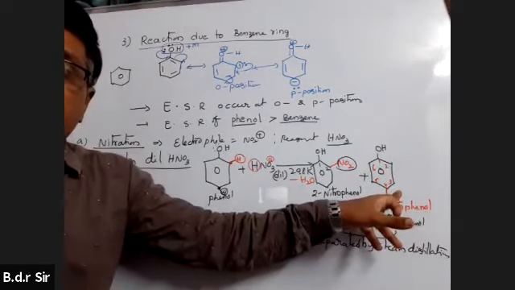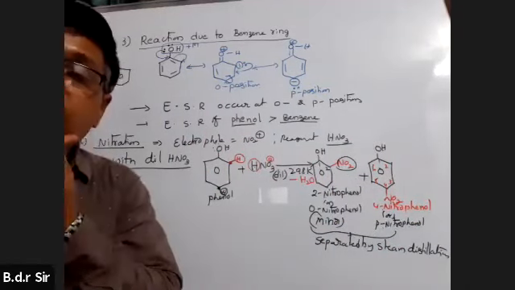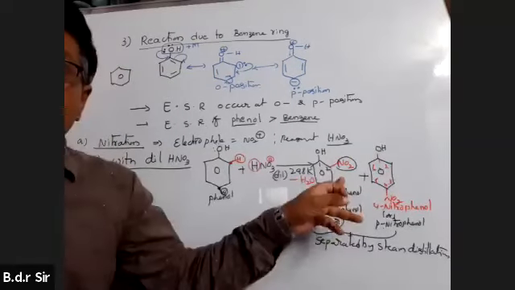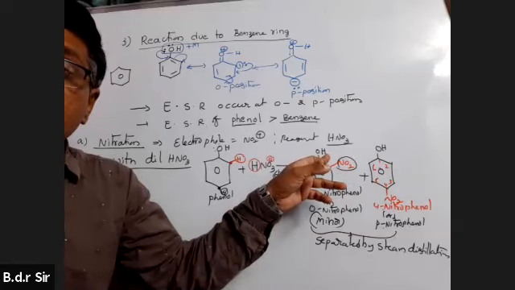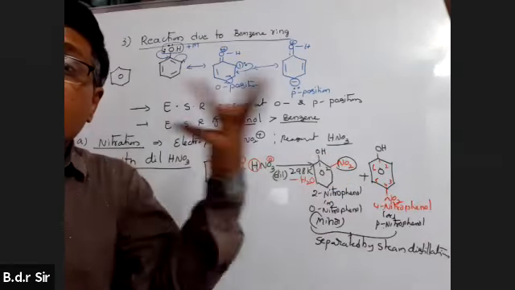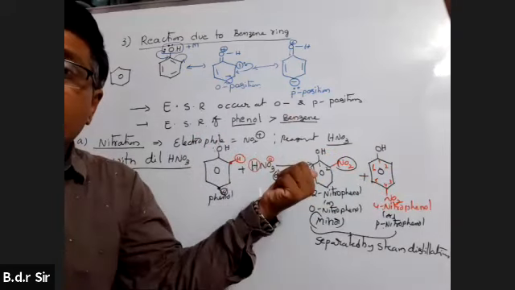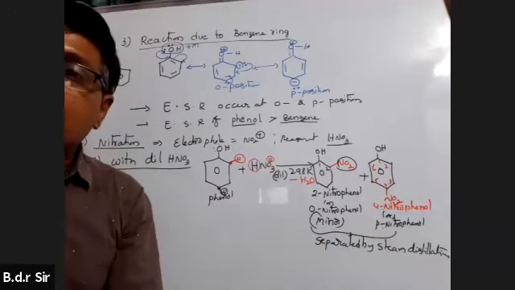Para-nitrophenol is able to form intermolecular hydrogen bonds. That's why it is less volatile. Orthonitrophenol is able to form intramolecular hydrogen bonds. Hence it is more volatile, meaning it evaporates with water or steam. Hence both are separated by the steam distillation process.